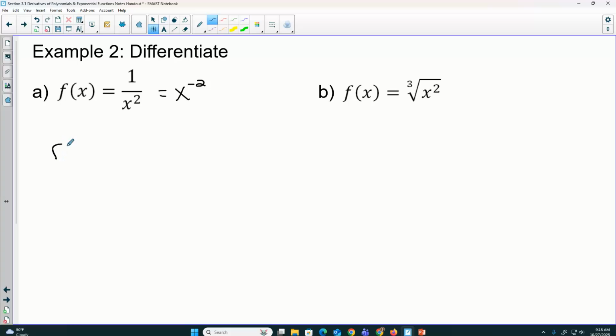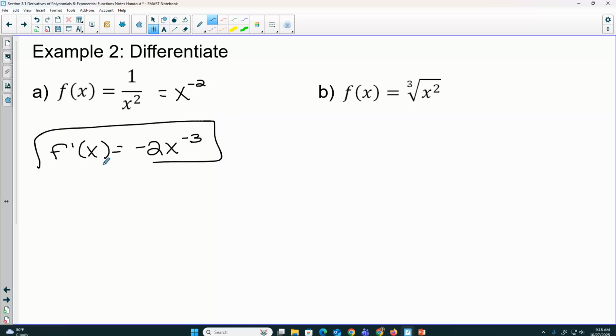So then if I do my derivative, the derivative says the exponent comes down in front, so the negative 2 comes down. You keep the x. What do we do to our exponent? Subtract 1. Negative 2 minus 1? Negative 3. And you could leave it like that. You could change it back into fraction form if you wanted. But that gives me negative 2x to the negative 3.